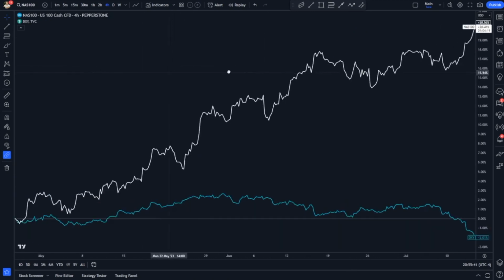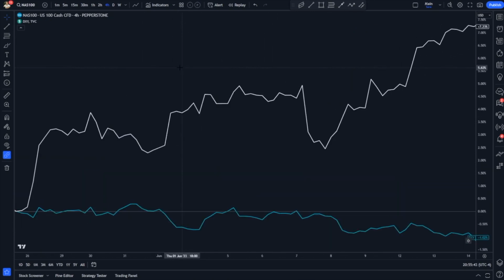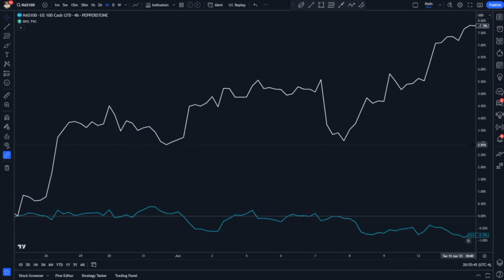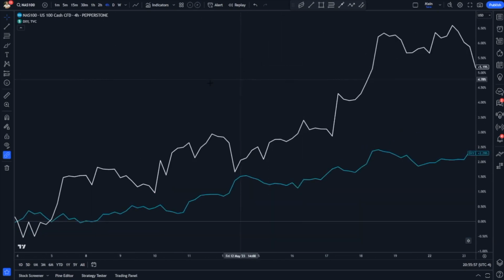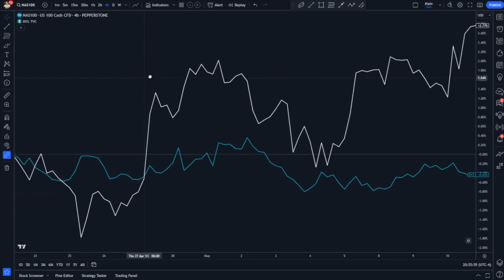Okay, well, we could go back in time and see if there's any impact here. Here's a period of time where the dollar was down and the NASDAQ was up. Here's a period of time where they were both kind of flat. And let's see if we can find maybe a dollar up, NASDAQ down example.